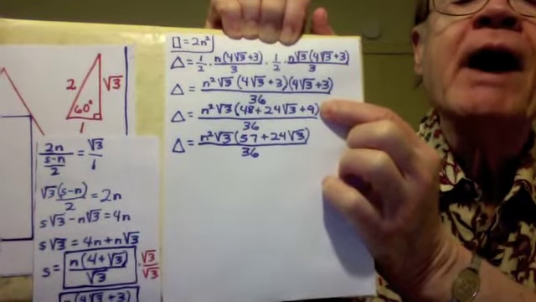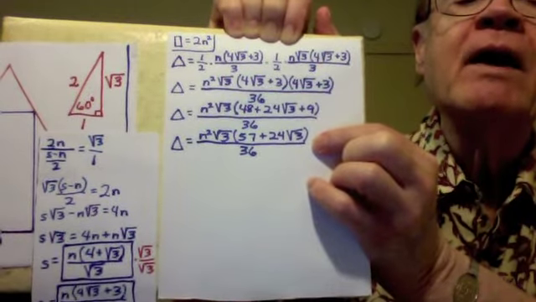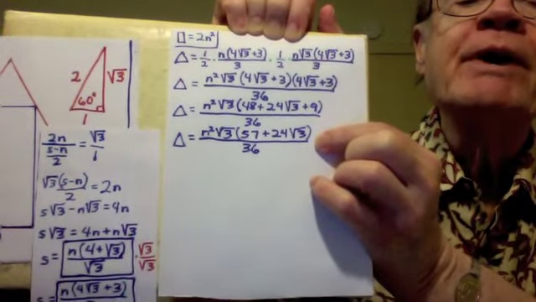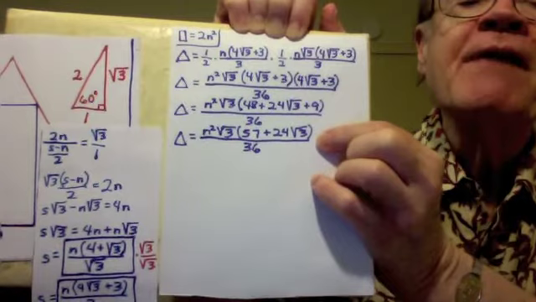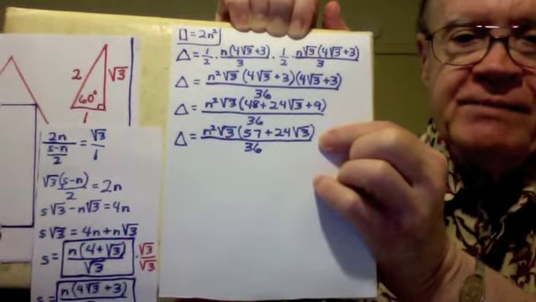The 48 and the 9 add up to 57, and so I have this new expression for the area of the triangle, n squared root 3 times (57 plus 24 root 3) all over 36.